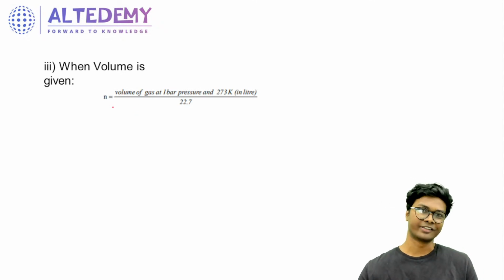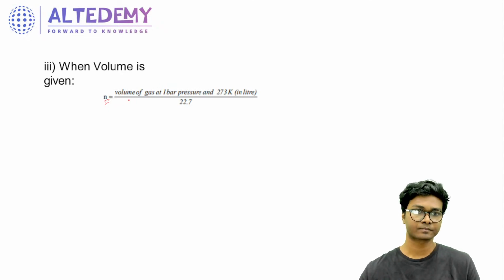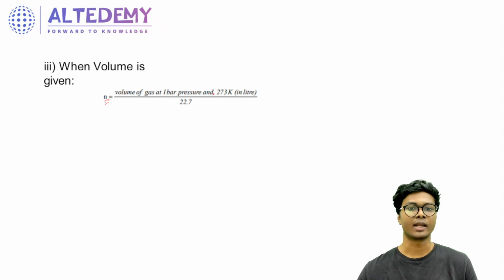So let's read the formula. The formula says the number of moles, this N means number of moles, equals the volume of gas at 1 bar pressure and 273 Kelvin. So this 1 bar pressure and 273 Kelvin is nothing but the standard temperature and pressure.